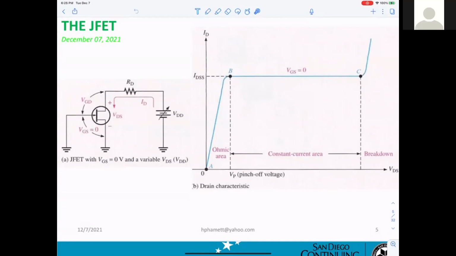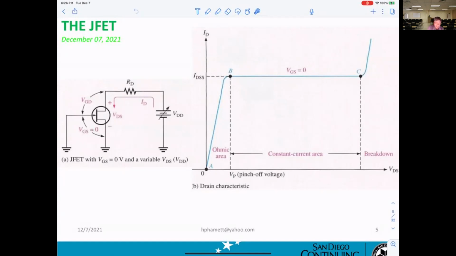When you're using the JFET, basically we want to be operating in the constant current area, correct? Yes, constant current. Do you understand what they call VP? VP stands for pinch-off voltage. That means if VDS is higher than VP, then the JFET will be in constant current.